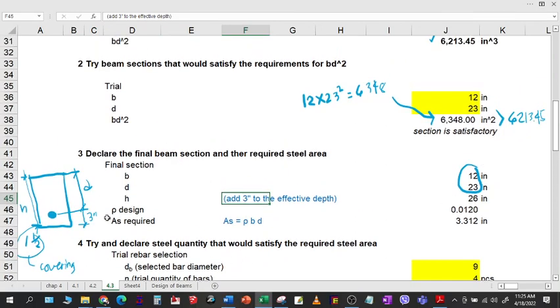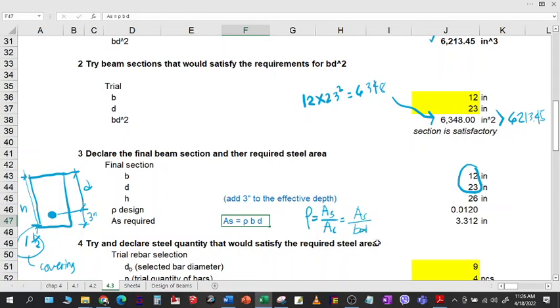Now, we have to calculate the required steel area. The required steel area has this formula, rho bd, because it's coming from the steel ratio, that is area of steel over area of concrete, As over bd.